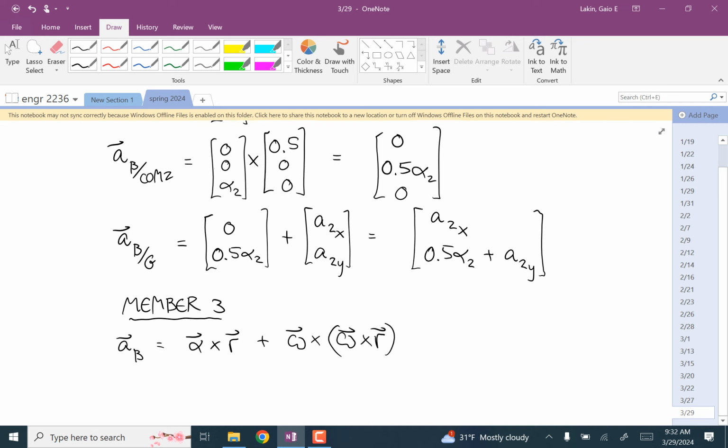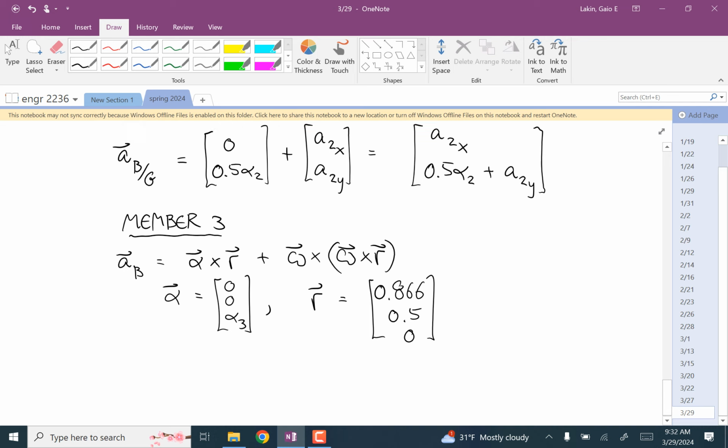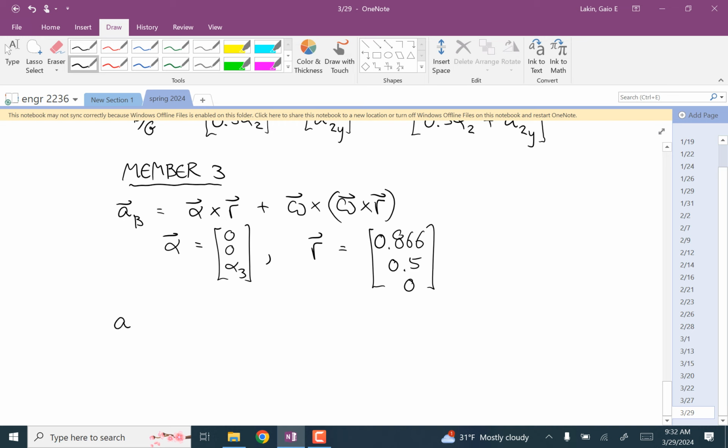Yep. So alpha is 0, 0, alpha 3. R is 0.866, 0.5, 0. And so the acceleration of B, this is all 0, with 0, 0, alpha 3.